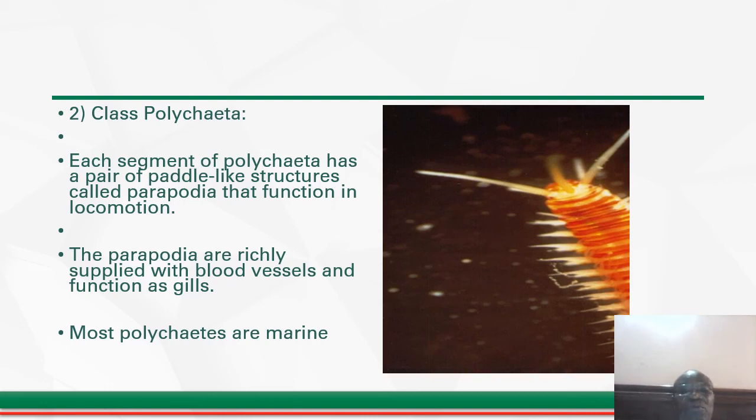They use these in their marine or aquatic habitat, with which they move about in the environment. The parapodia are richly supplied with blood vessels and function as gills. Of course, the function of gills is respiration. Most Polychaeta are found in the marine habitat.